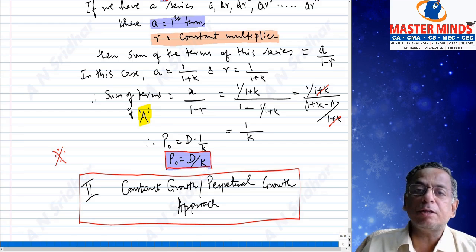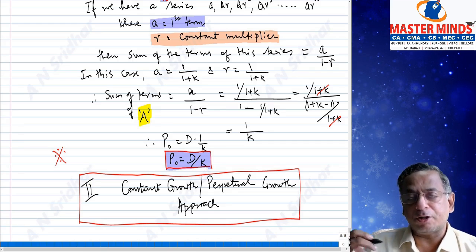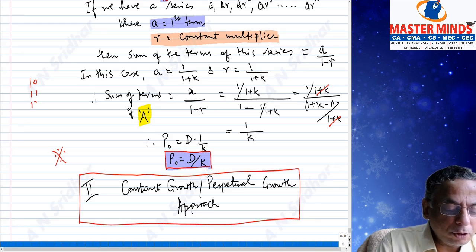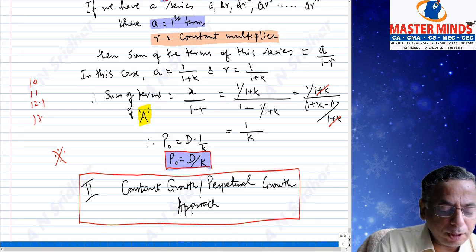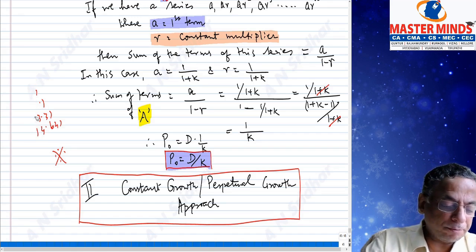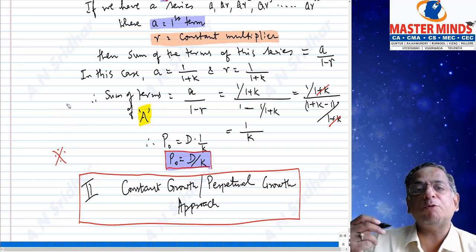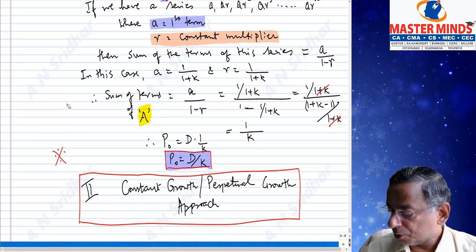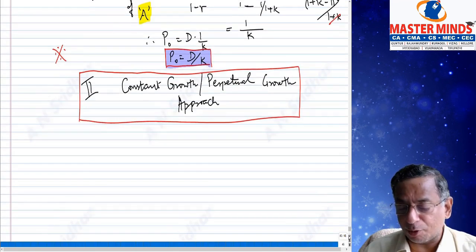Then another 10% means in the second year 12.1, then 13.31, 14.641, like that. So it will increase 10% every year. So growth rate of dividend was 10%. So Gordon gave the second formula for perpetual growth. So let us again take the master formula.